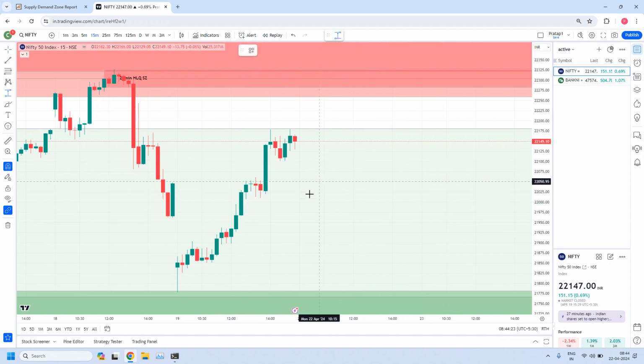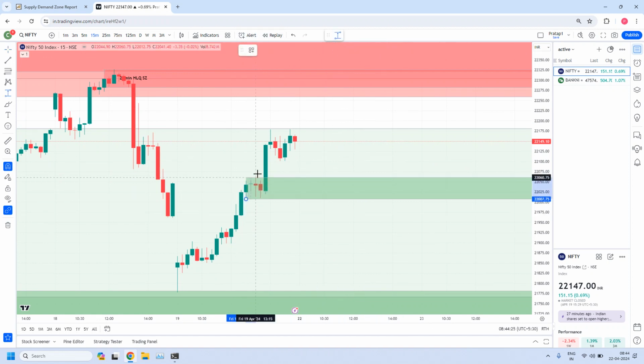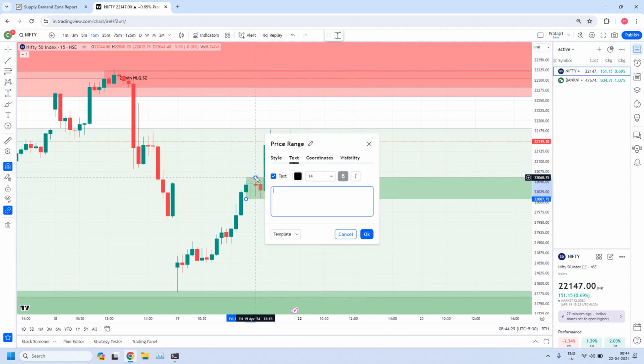So this is a high liquidity 15 minutes demand zone. High liquidity demand zone.